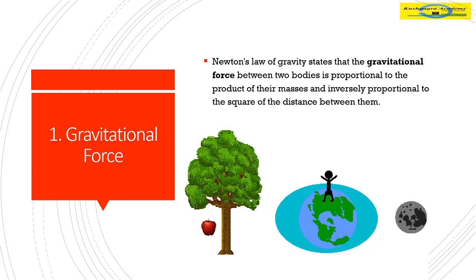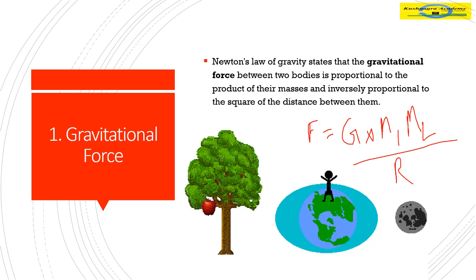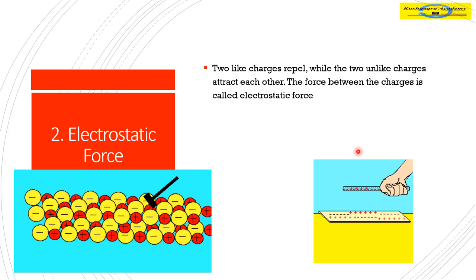Newton's law of gravity can be stated mathematically as F equals G times m1 m2 divided by the distance squared between them. This is the universal gravitational equation given by Newton.